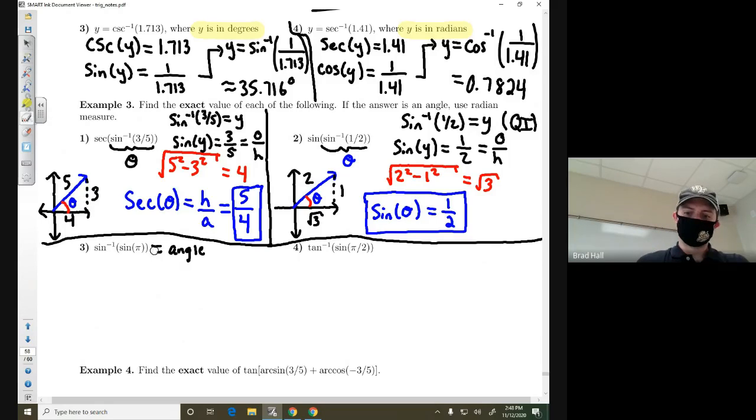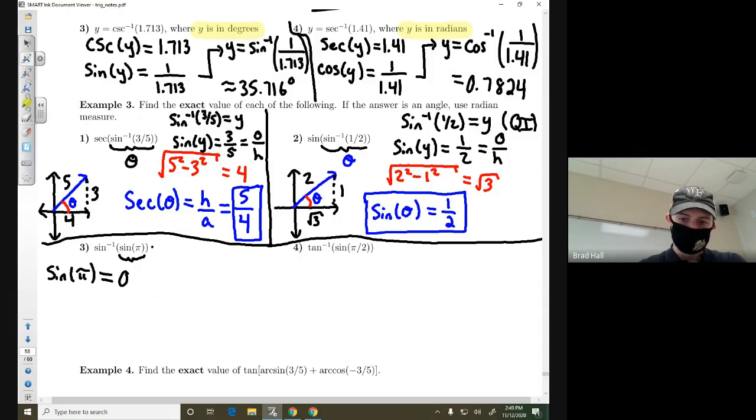So if anything, you might actually like this problem a little bit better, because the interior asks you to find sine of pi. Hopefully by now you all know sine of pi, and if not, you could throw it in the calculator. Sine of pi is 0. Sine of pi is just 0.